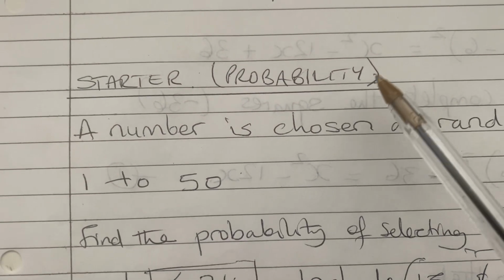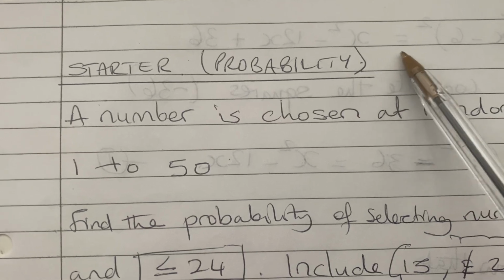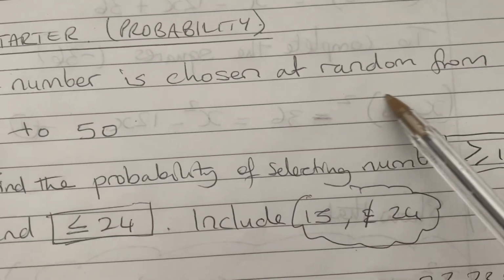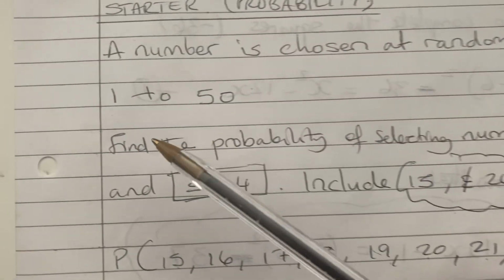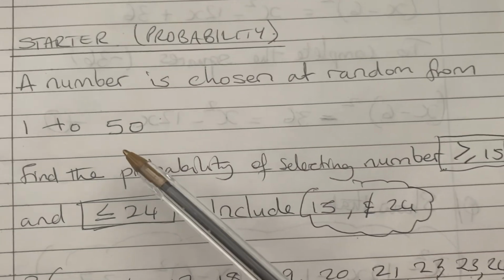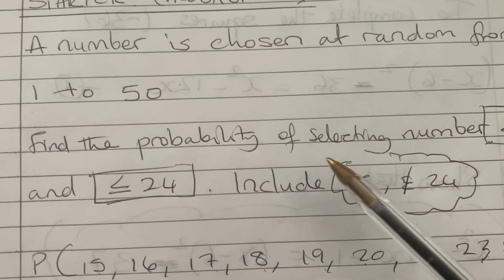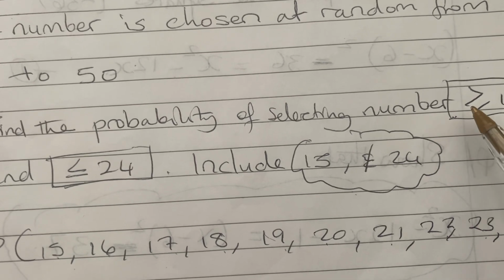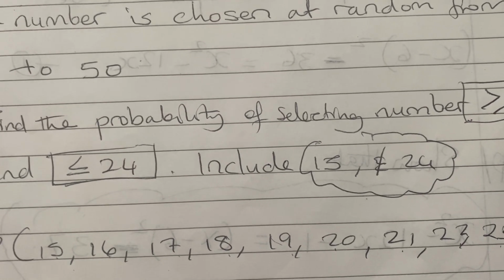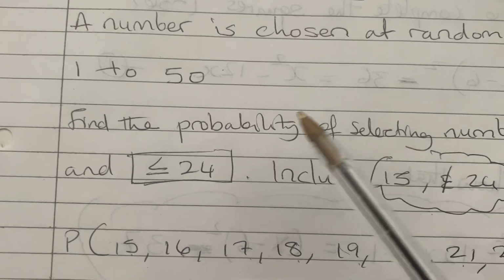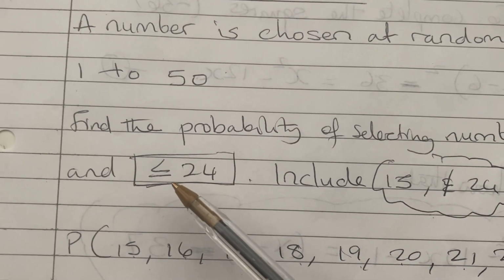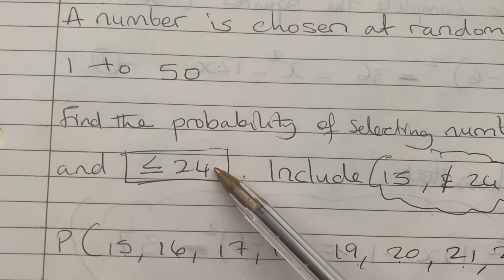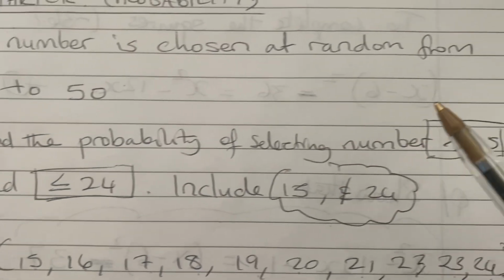I started today's session with probability. A number is chosen at random from 1 to 50. Find the probability of selecting numbers greater or equal to 15 and less or equal to 24.